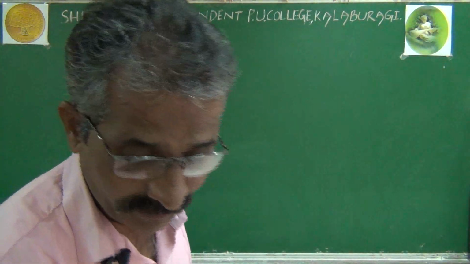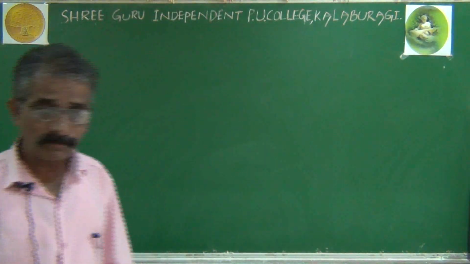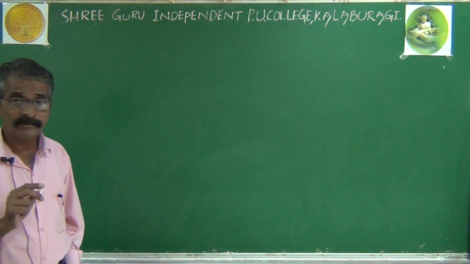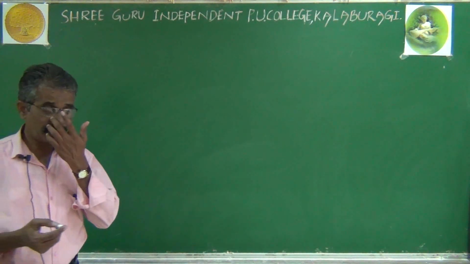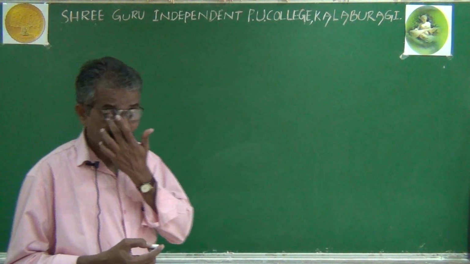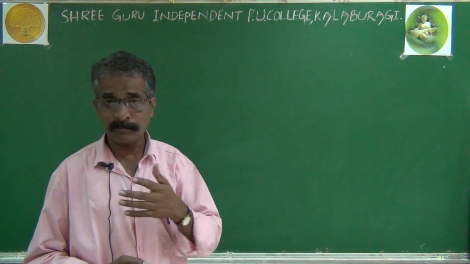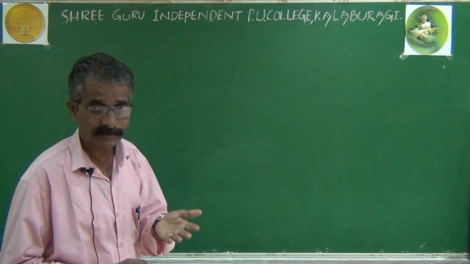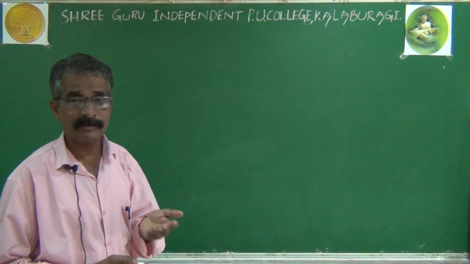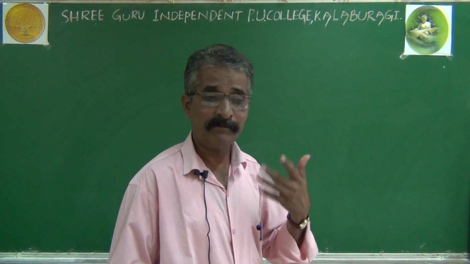So, okay, students, we have one more type of problems concerned with continuity or discontinuity of function. In the last examples, we were given particular points like x equal to 1, x equal to 2, x equal to minus 1, x equal to 0, whatever may be there.